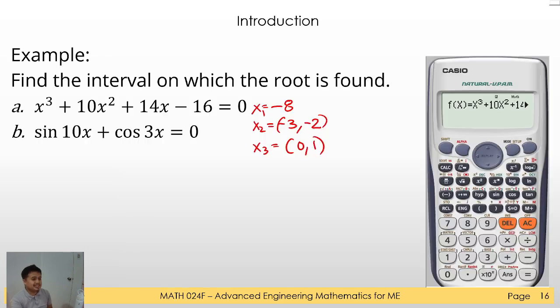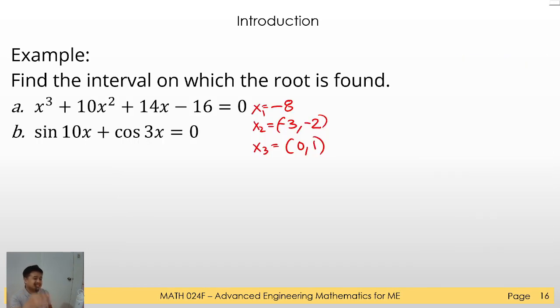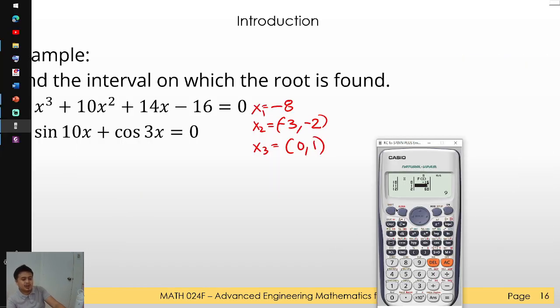So we could utilize this incremental search method. So basically, we're just trying different values of x and then calculating the f of x to find where f of x is equal to 0. So if the sign changes, again, the root will lie in between that interval.